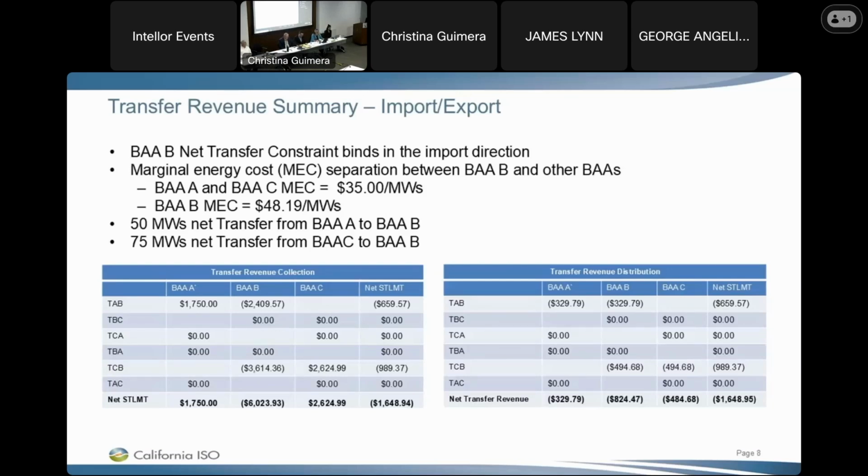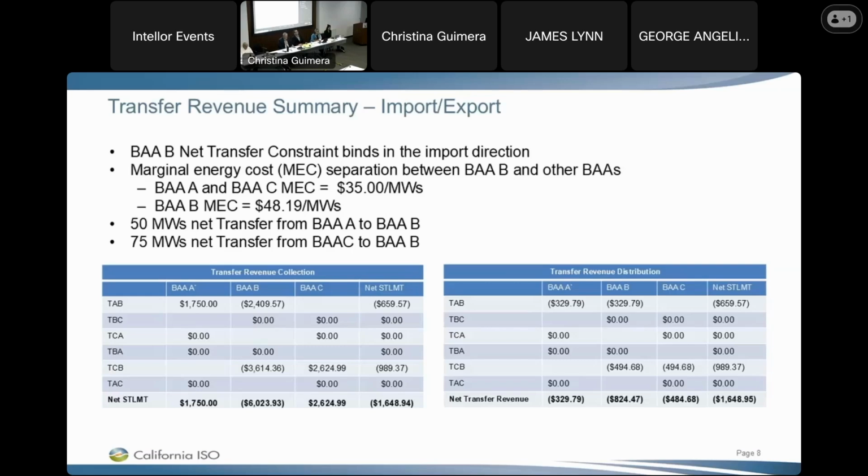And so what ends up happening is for the transfers between BAA and BAB and the transfer between BAC to BAB, that's 50 megawatts and 75 megawatts respectively, it's going to generate transfer revenue. And the transfer revenue is going to be based upon the marginal energy cost differences between BAB and the subsequent other BAs, BAA and BAC.